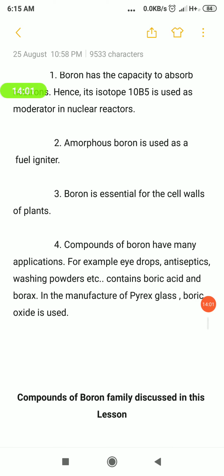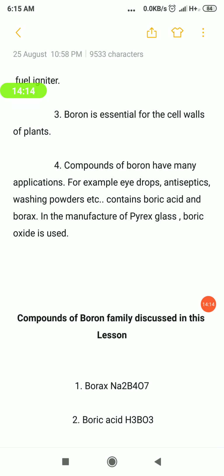Then second, amorphous boron is used as a fuel igniter. Fuel igniter means to start the burning process. And boron is essential for the cell wall of plants. Then compounds of boron have many applications.